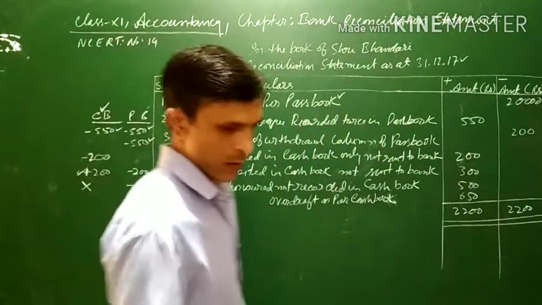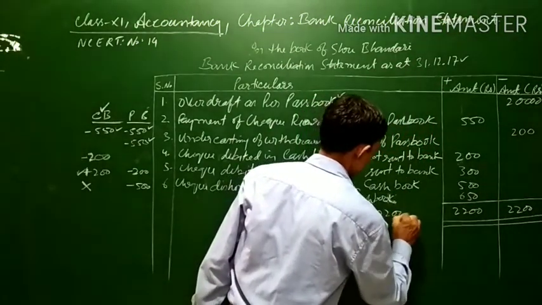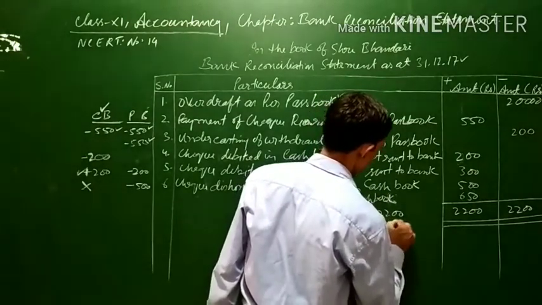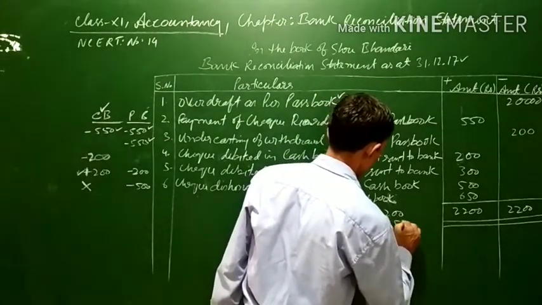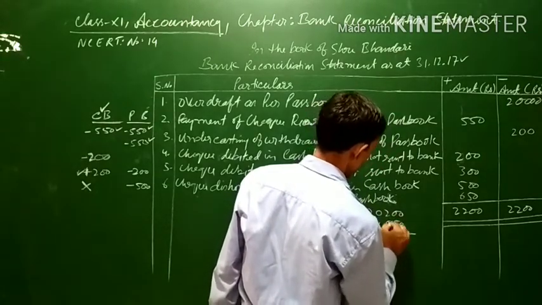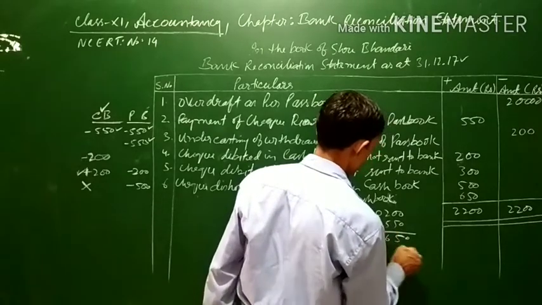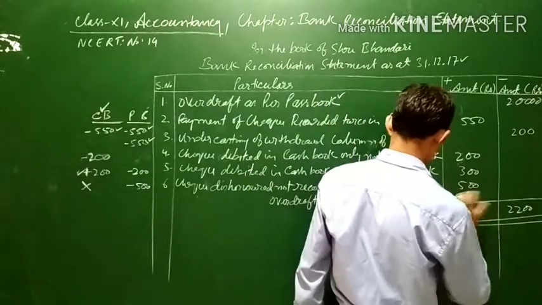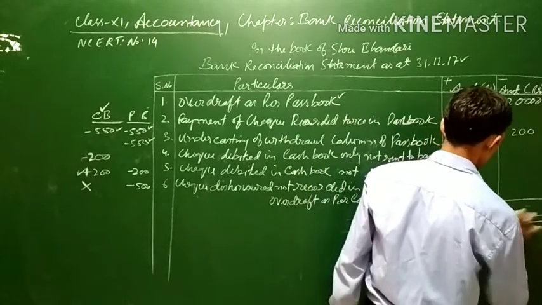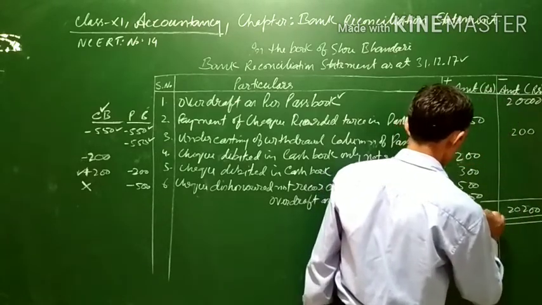Now this amount is 20,200 minus 1550. 11 minus 5, 6. 9 minus 1, 8. 18650 is the balance. 2200. Here also 2200.